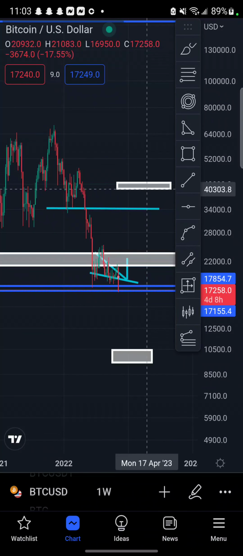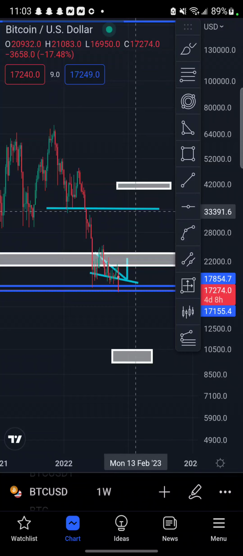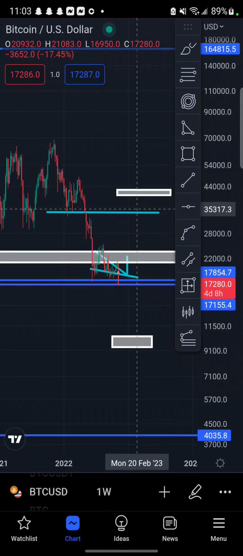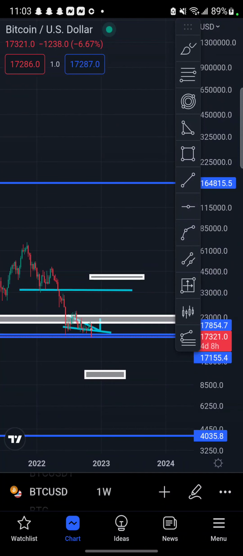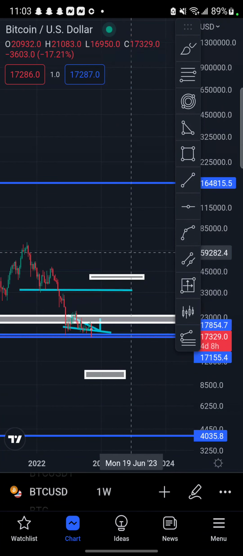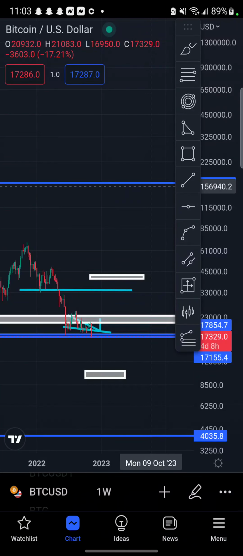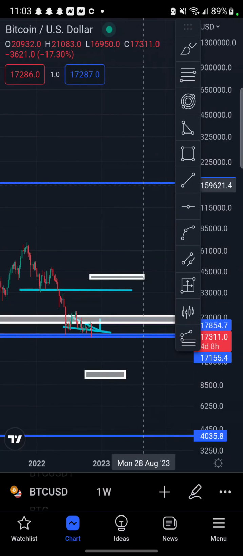And this upside 0.618 is sitting at 40,000. 0.5 is at 34. And the ultimate target, if the bull run keeps going, is $165,000.